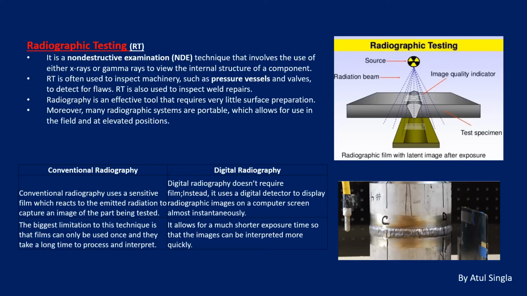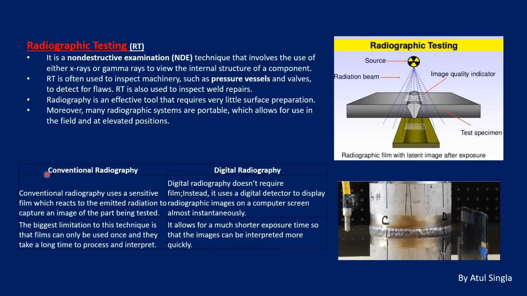Now, we have been using radiography for many years, so earlier there was a different method to use it. We were using a sensitive film, right? If you look at this paragraph, conventional radiography uses a sensitive film which reacts to the emitted radiation. These days, in the digital world, we are not using these films; we are directly displaying the results on a computer screen.